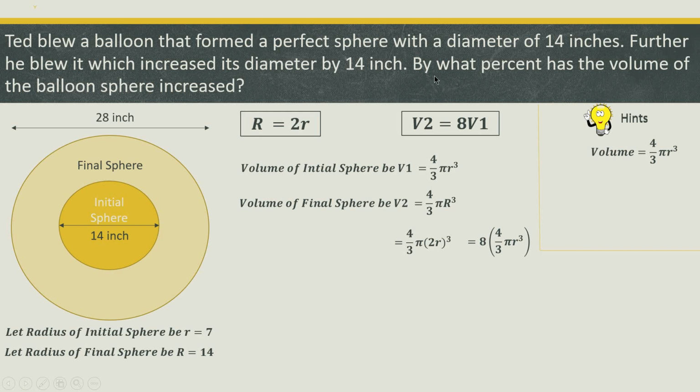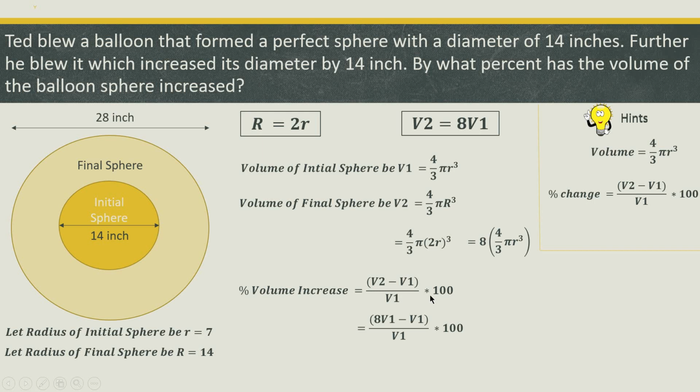Now coming back to the problem, we need to find the percentage increase. For any percentage increase problem, all you need to do is take the new value minus the initial value, divided by the initial value, times 100. In this case, the percentage volume increase is v2, the new volume, minus v1, divided by v1, times 100.